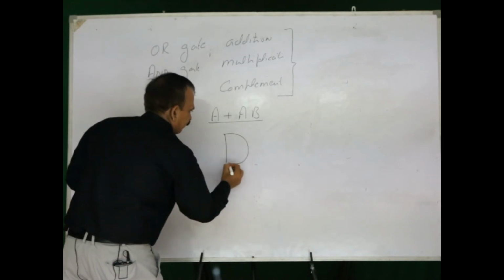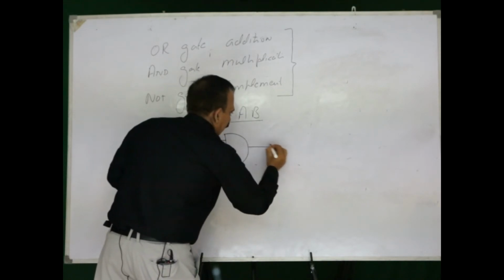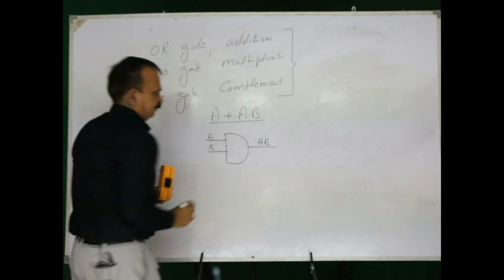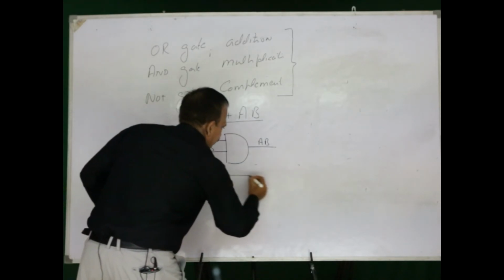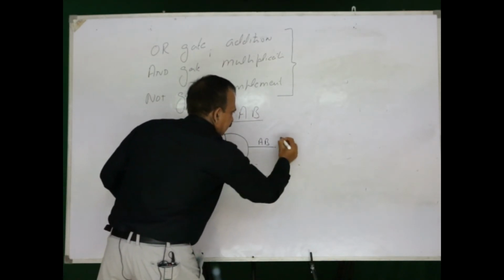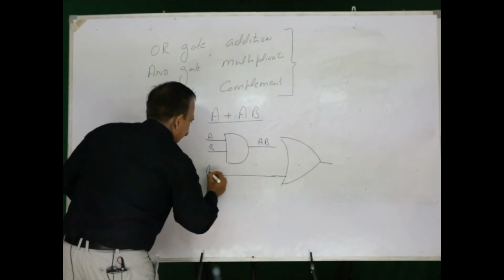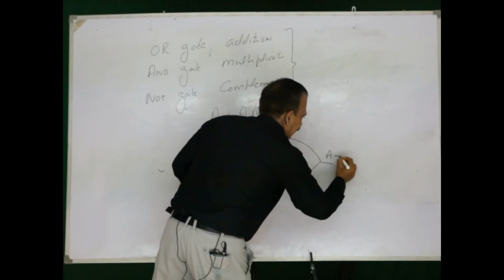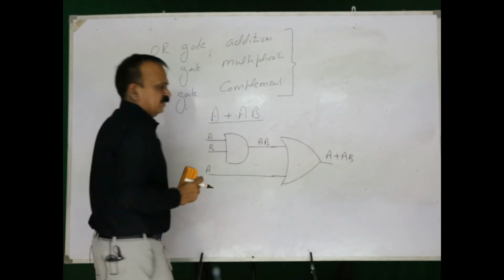This is A and B, and the output is going to be AB. Next I want to add it with A, and the gate to be used is OR gate. This gate is OR gate, and the output is going to be A plus AB.